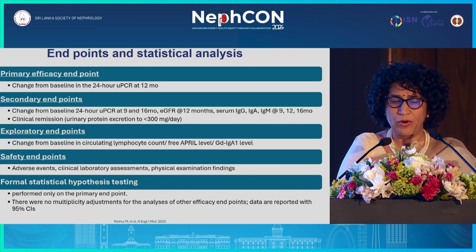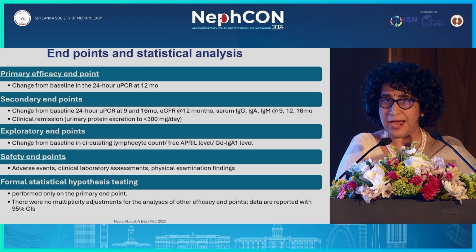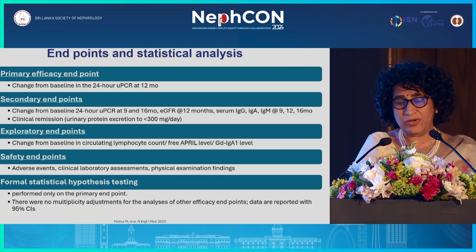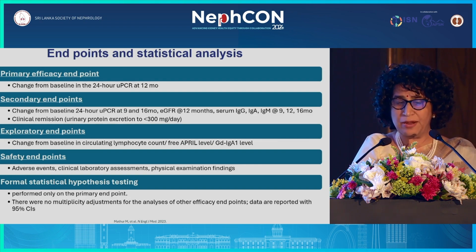The exploratory endpoints looked at changes from baseline in circulating lymphocyte count, APRIL level, and galactose-deficient IgA levels. The safety endpoints included adverse events, clinical labs, as well as physical examination findings. The formal statistical hypothesis testing was performed only for the primary endpoint.